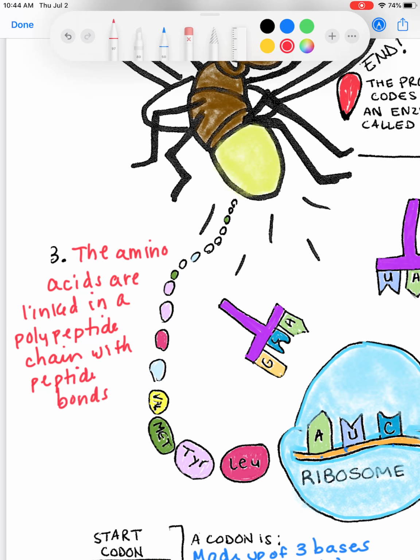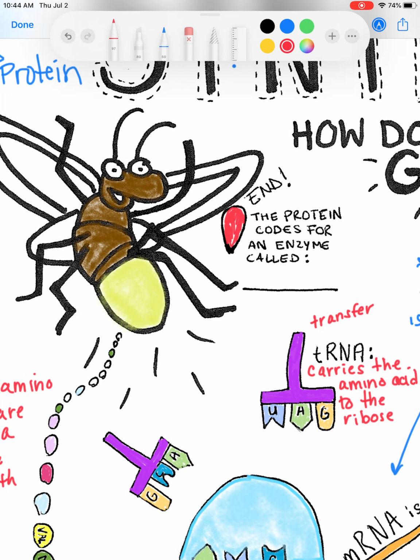So now if we go up here and look at our firefly, he's got his sequence read, translated into amino acids. The amino acids are bonded with the peptide bonds, and then they're folded in a specific way because the fold is really important to how it interacts with the body. And now our firefly can glow. So the protein here codes for an enzyme, and that enzyme is called luciferase.